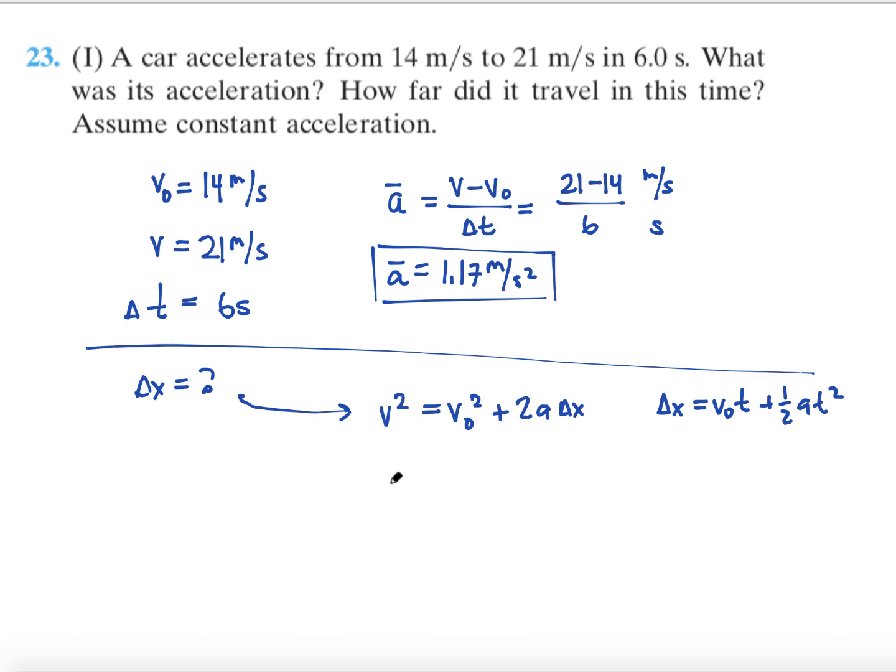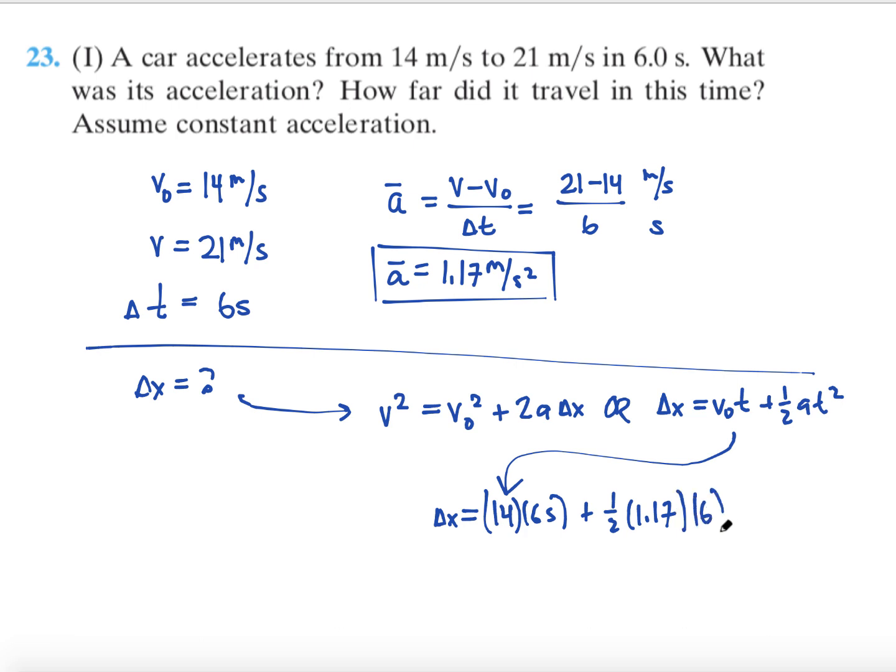However, I don't like dealing with the t squareds, but I guess you could. So I will go in and solve, actually, you know what? I think I am going to use this one now that I think about it, because it's already solved for delta x. I don't have to do any rearranging. So given this, we now have delta x is equal to my initial speed of 14 times 6 seconds plus 1/2 times my acceleration that I just found, which is 1.17, times my 6 seconds squared.